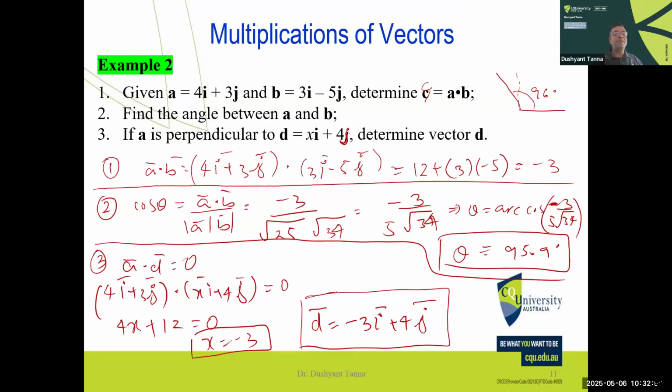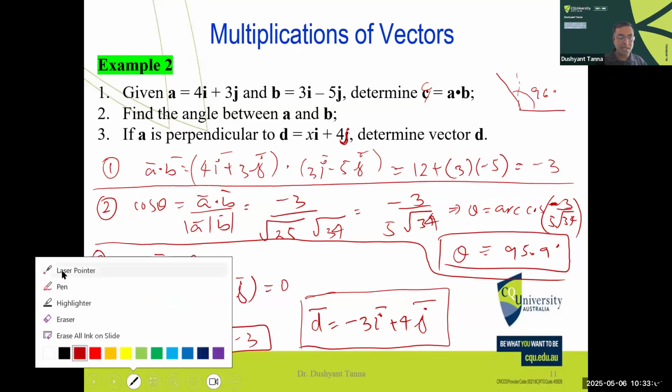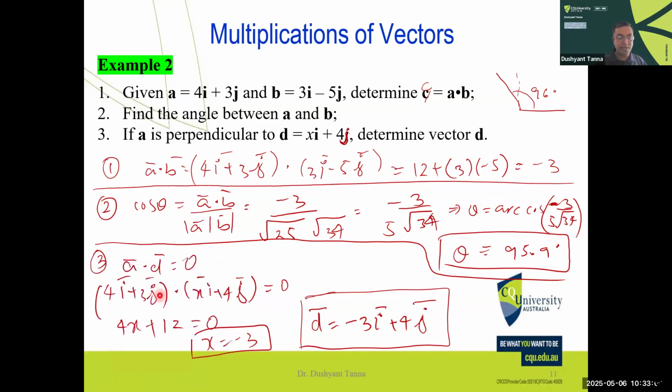Okay. Now, if you look at that, your A is 4i 3j, right? And your D, see, 4i 3j. This is minus 3 and 4. 4 times minus 3 is minus 12. 3 times 4 is 12. 12 minus 12, oh, 0. So A dot D is 0.